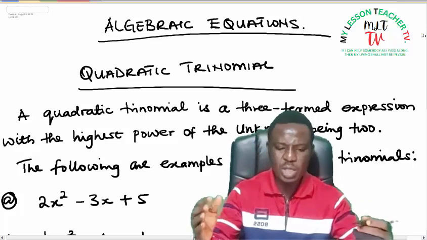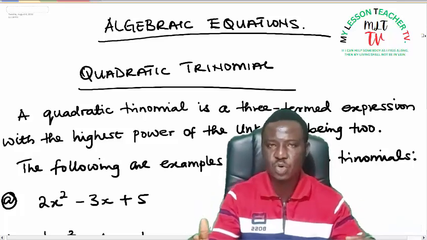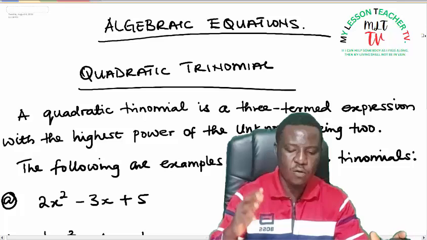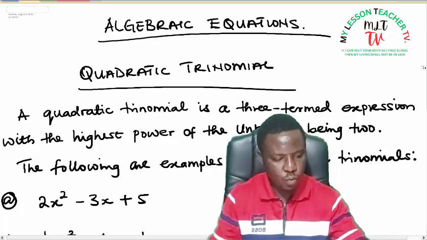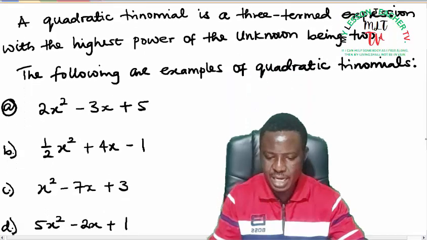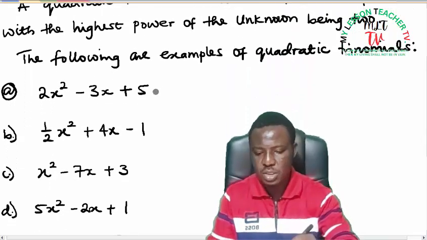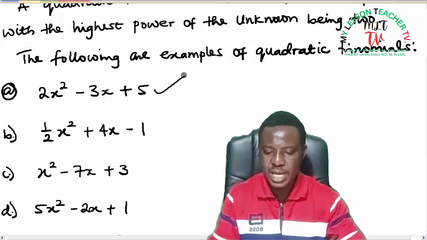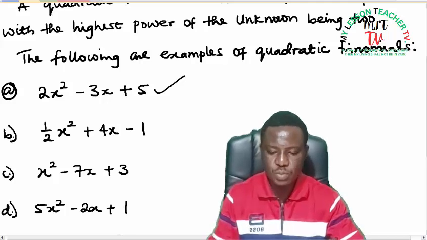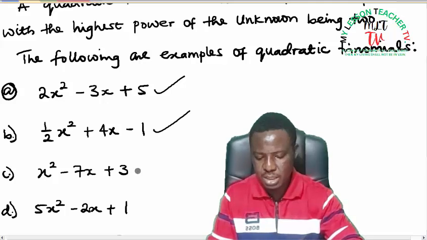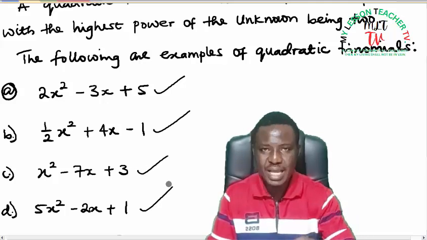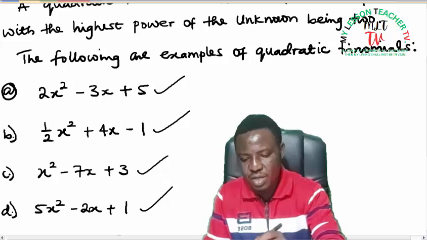So a quadratic trinomial is a 3-term expression with the highest power of the unknown being 2. An example of a quadratic trinomial is 2x squared minus 3x plus 5. Same with this, and this. They are quadratic trinomials because they have 3 terms.